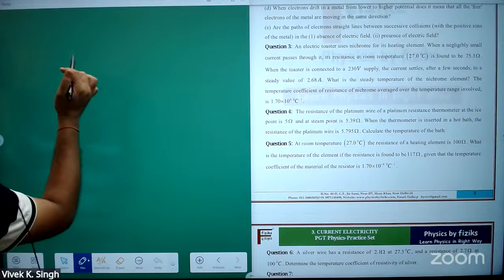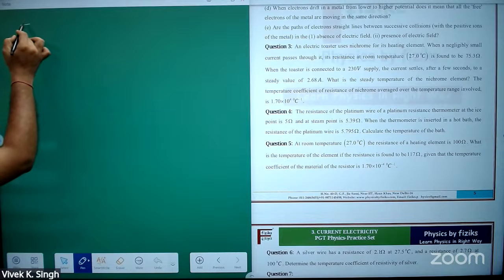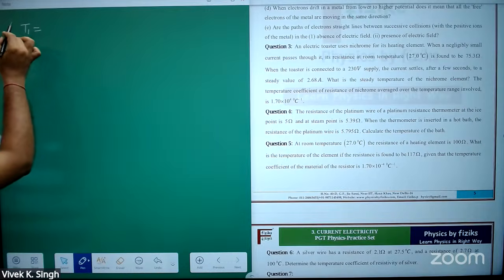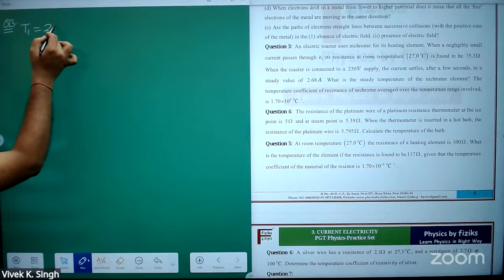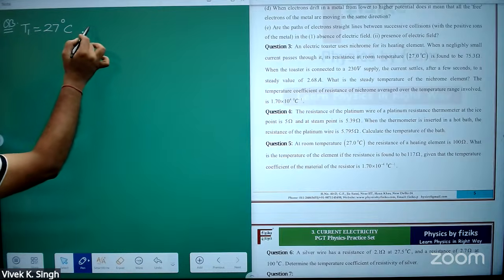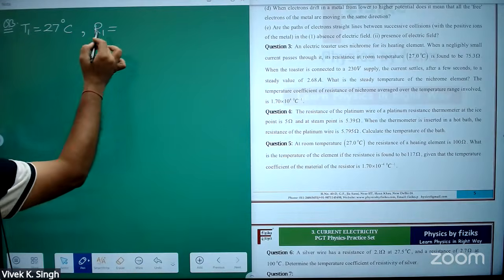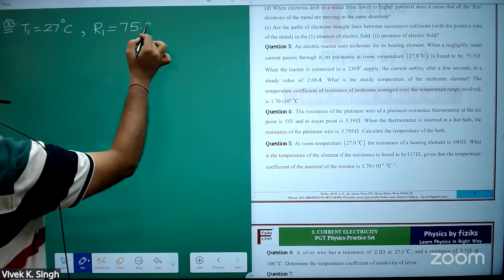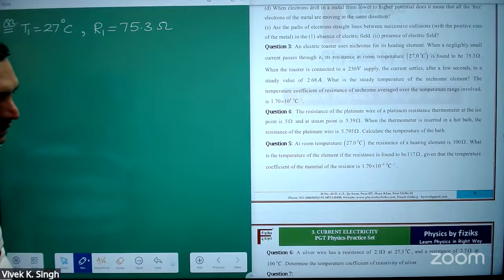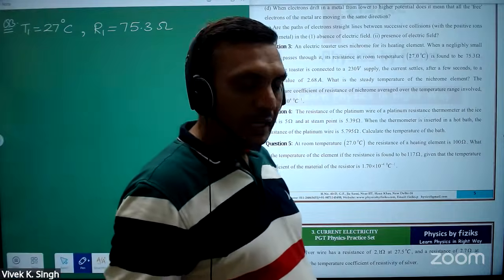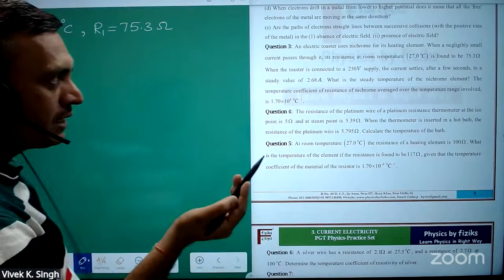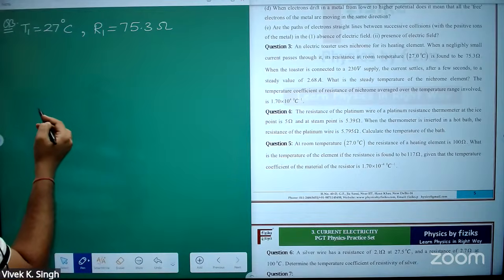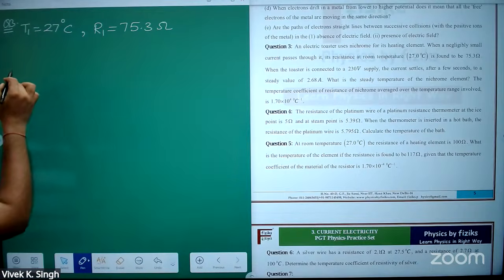Now R1 is given. T1 is 27 degrees centigrade and R1 is 75.3 ohms. Current is small, so we are ignoring the heating, so it is at room temperature.